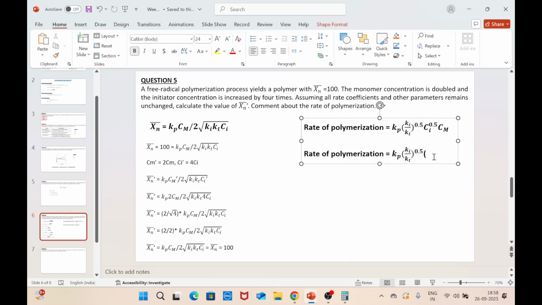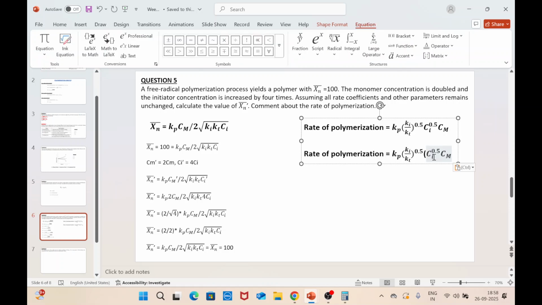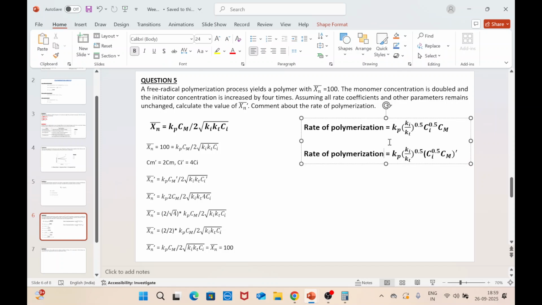After that, monomer is double and initiator concentration is increased to 4 times. So then this will be nothing but the dash. So this is the new one. So now we substitute these conditions and then check what we are going to get.